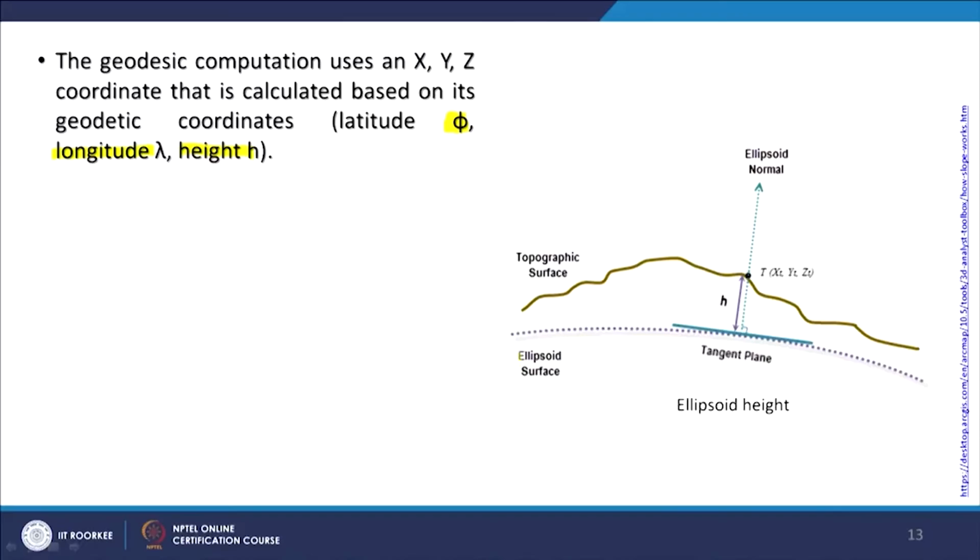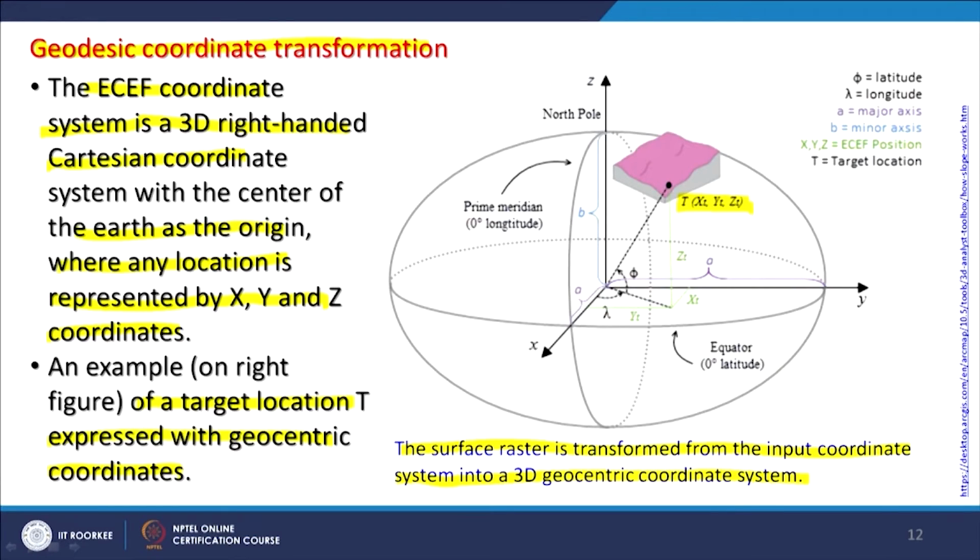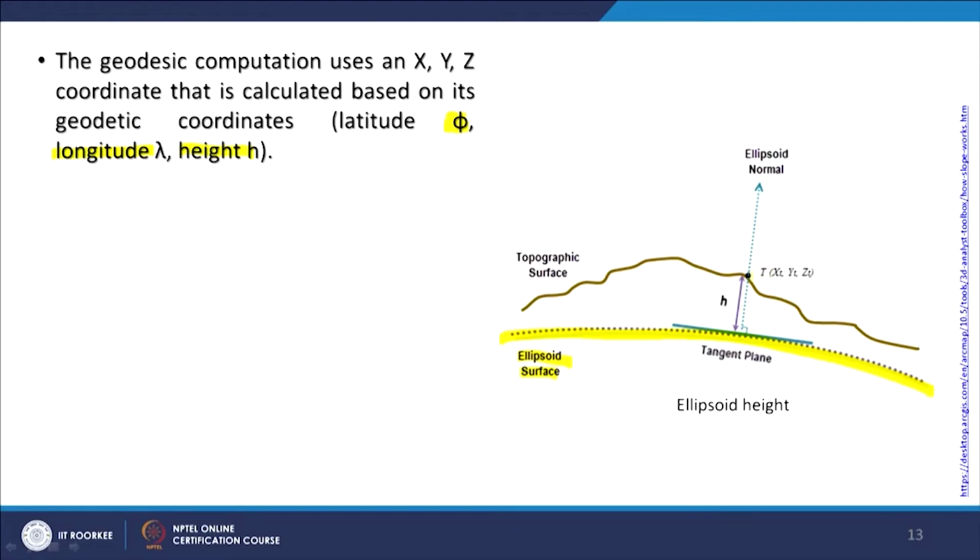Here this is the ellipsoid surface which you are seeing, and what you are basically calculating, the T which we just discussed in the previous figure, this T with x1, y1 and z1, is what we are getting above the topographic surface.